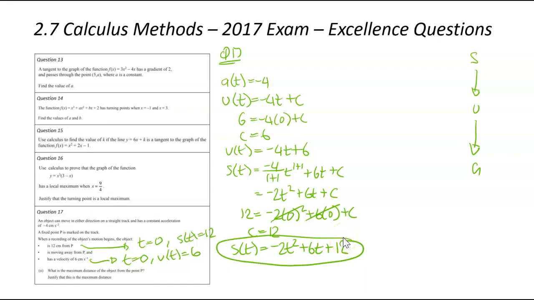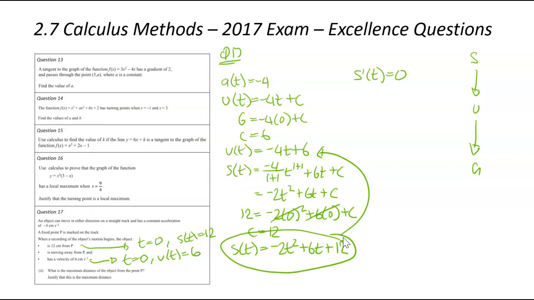We've now got our displacement equation, and we now need to link it to the idea of the maximum distance. And this is really annoying because we need to get back to our flowchart. So for maximum distance, back up to the top, we know that s dash t will be equal to 0. And that means we have to differentiate this, which, as you remember, is just the velocity equation.